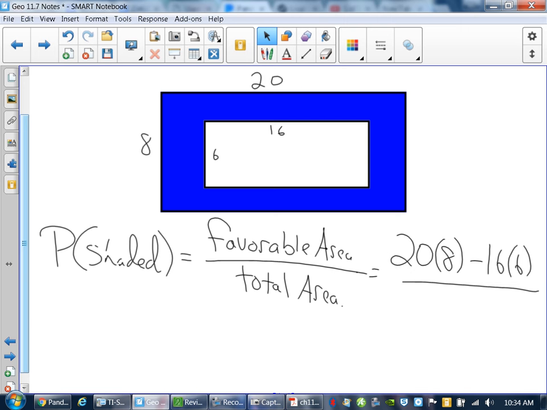Total area. What's the biggest shape? The 20 by 8. And that's what we're doing.